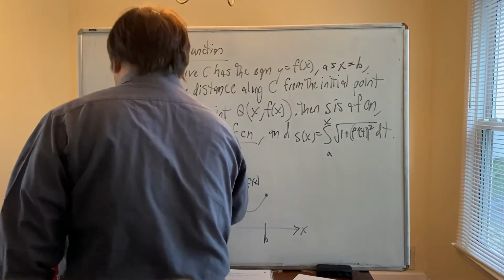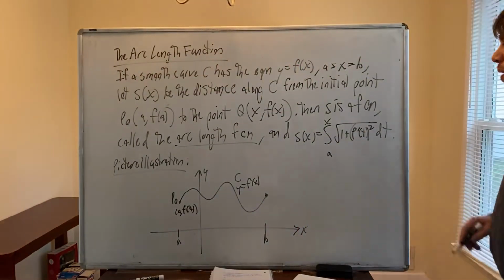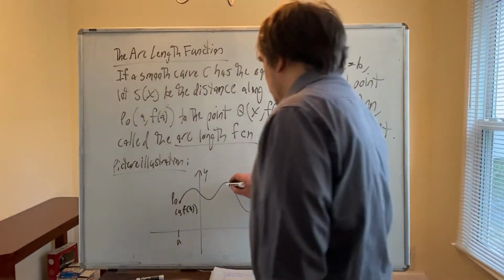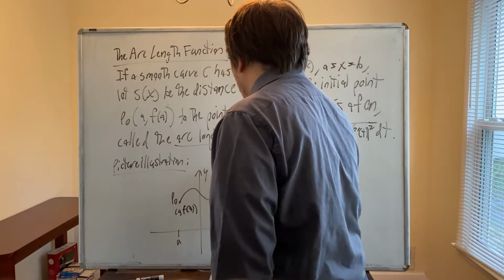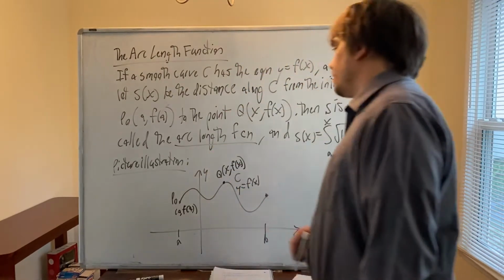This is P naught. Let's say Q is here, at (x, f of x).